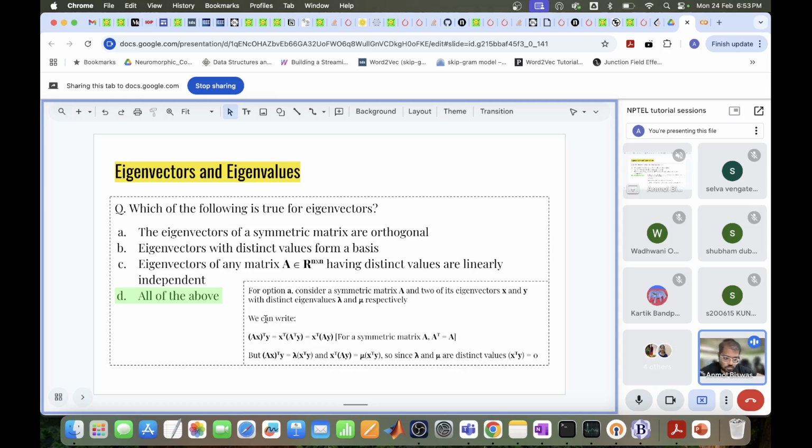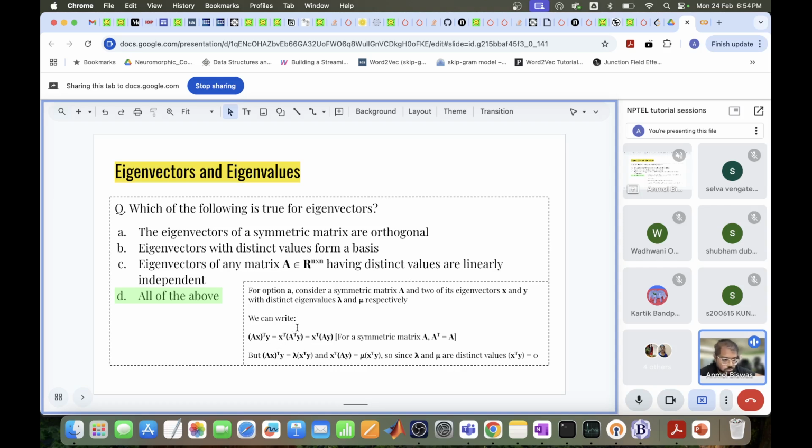If you take (AB) transpose, it is nothing but B transpose A transpose. When you pull the transpose operation inside the bracket, you have to reverse the order of the operations, right? So (Ax) whole transpose is nothing but x transpose A transpose.